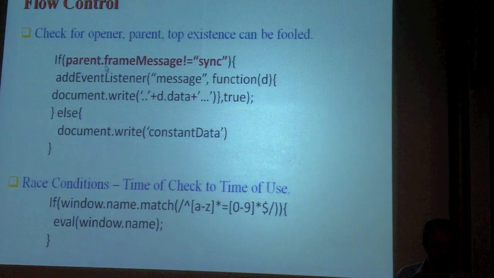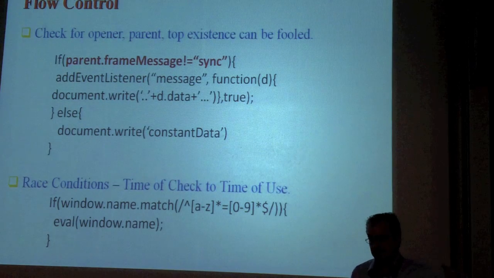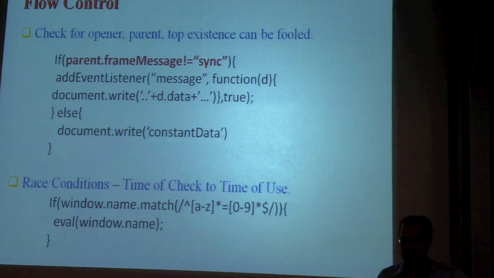Okay, it just returns a window object, but this won't generate any kind of exception. So if the attacker adds an iframe whose name is frame message, this will pass internally here, and this kind of problematic issue, this vulnerability, will be triggered. So it's exploitable. Someone can say, no, it's not exploitable because the attacker must control a name or a content of a string, which is impossible because of same origin policy.